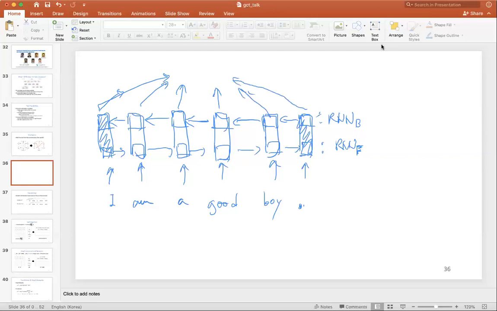So maybe you take 0.2 of this, 0.1, 0.05, 0.05, 0.2, and maybe 0.4 here. Basically you're taking 20% of this, 10% of this, 5% of this, 5% of this, 20% of this, 40% of this, and then you get the final context vector.